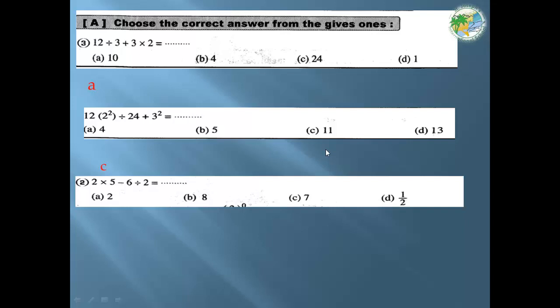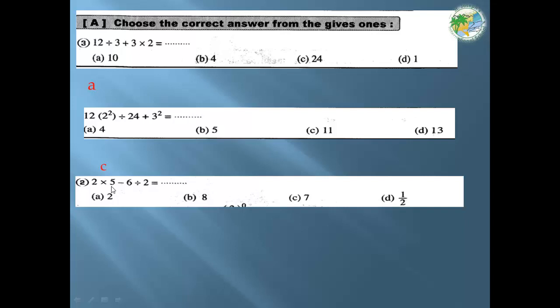Yalla, start answering, prep 1. From left to right, it's a very easy question. Okay, from left to right, 2 times 5 minus 6 divide 2.